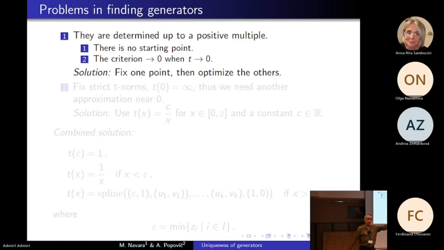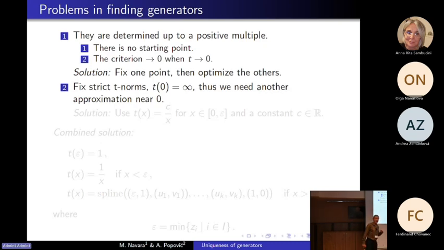Each generator has one which goes through that, so it doesn't restrict the solution. And then we can go on. So one point will be fixed, the others will be subject to optimization. Satisfactory solution.